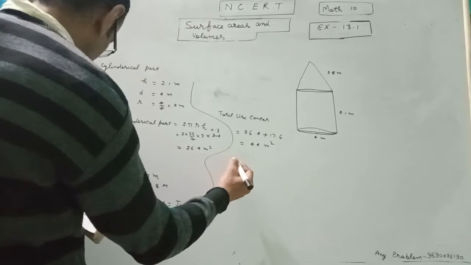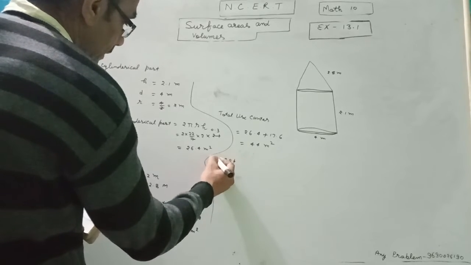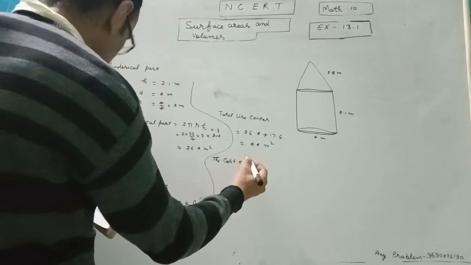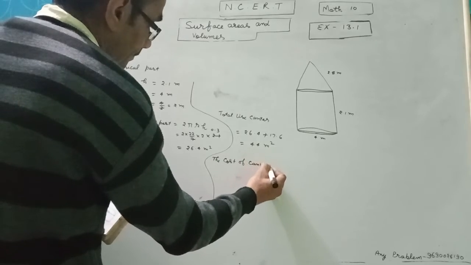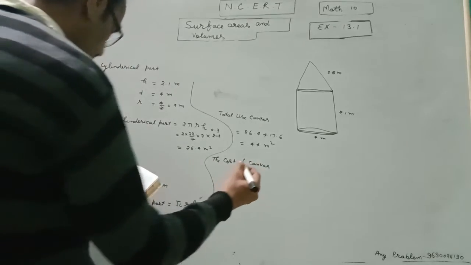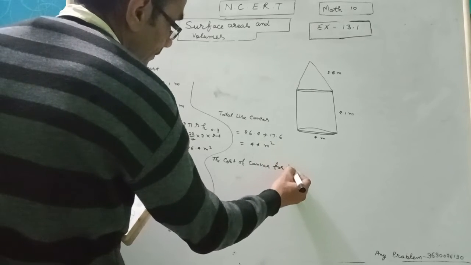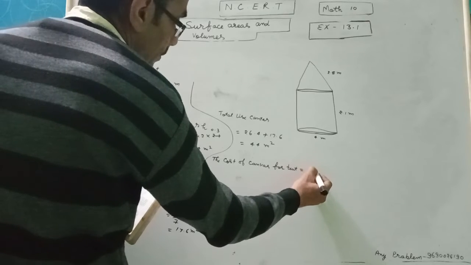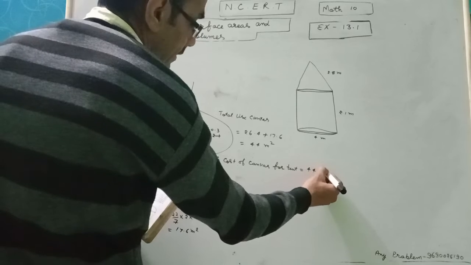Cost of canvas for the tent is equal to 44 into 500.